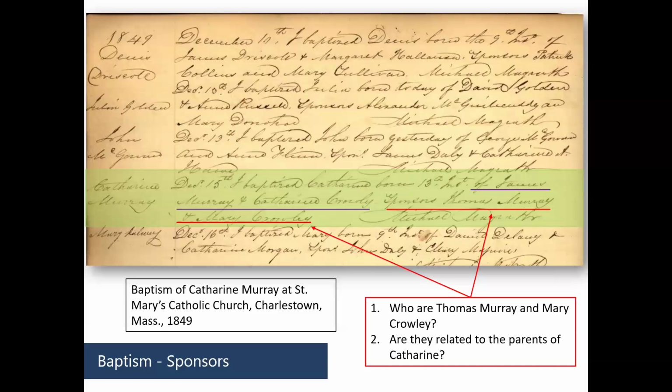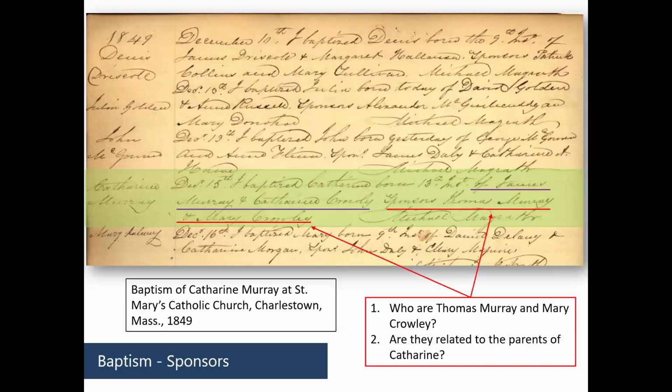Another thing that's very, very important, especially when it comes to baptisms, and the marriages, but definitely baptisms, you want to see who either they're called sponsors or godparents are for the child. They tend to be close, either relatives or very dear friends of the couple who had the baby. So in this case, we have a baptism of a Catherine Murray at St. Mary's Catholic Church in Charlestown, Massachusetts in 1849.